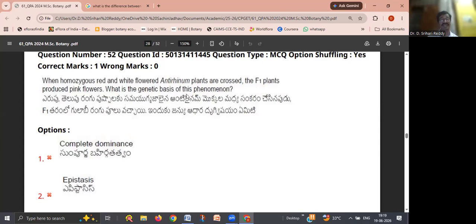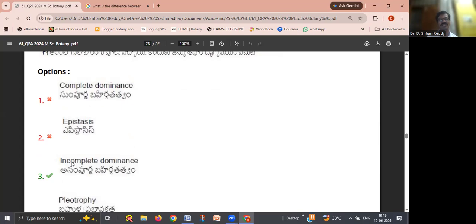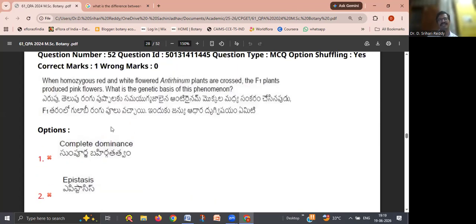So what does it mean? Incomplete dominance. Yes, very good. So complete dominance is a wrong option, epistasis is a wrong option. Incomplete dominance is a mix between the two phenotypes. And one more thing you should remember: in the case of incomplete dominance, the phenotypic ratio is equal to the genotypic ratio.